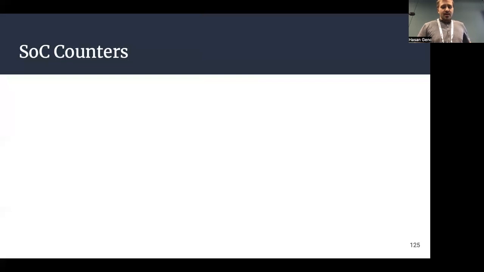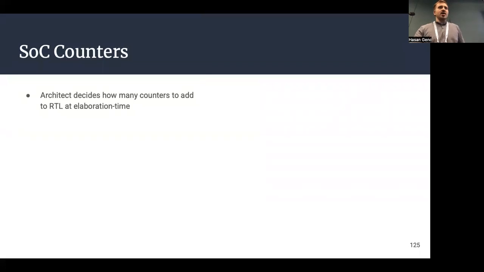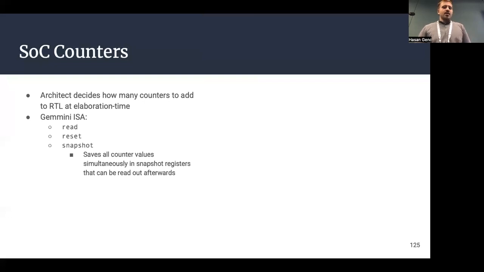So SoC counters are configurable. The architect or the user can decide how many to add at elaboration time. You can have none of them if you want to save area. The user can read them instantaneously at any moment, or snapshot them all at once so that they can be read one by one in case they're changing faster than you can read them.